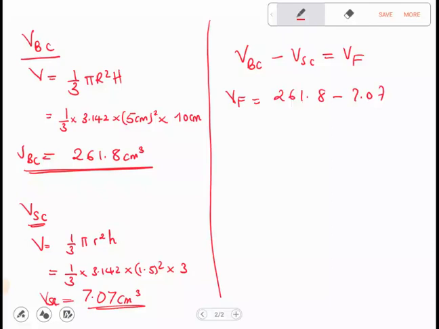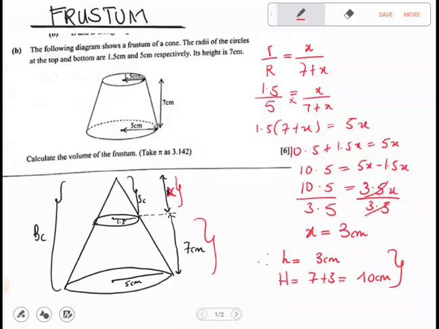It's giving me the volume of the frustum to be 254.7 cubic centimeters. That's how you find the volume of a frustum in the right way. All these steps earn you marks. Don't jump to a single formula.